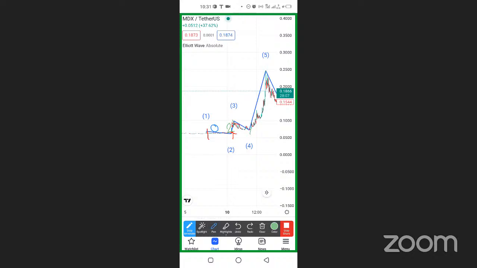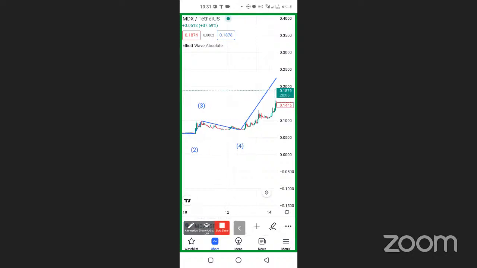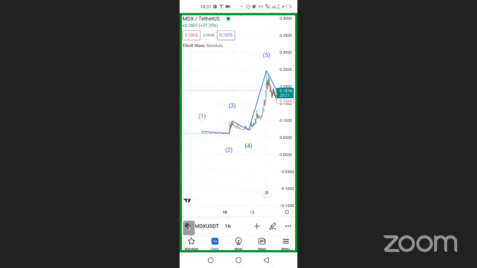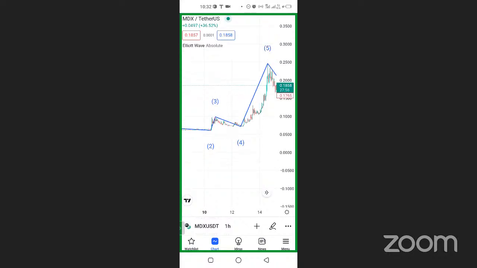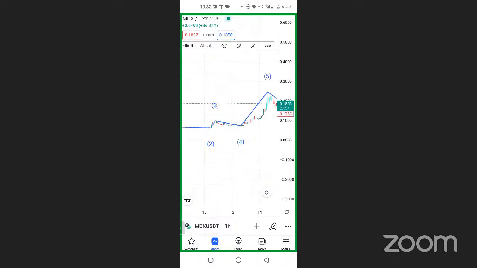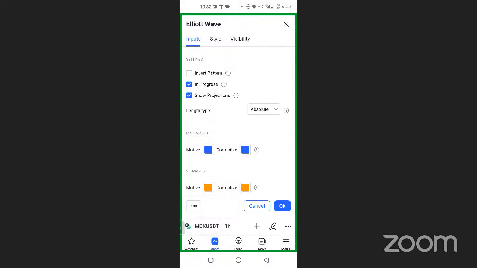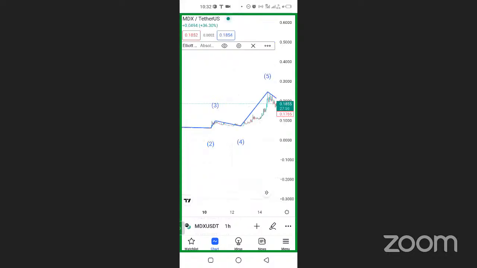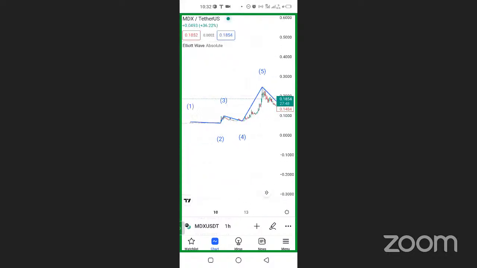No. What has happened? Have I changed my settings? Oh, no. I needed to widen it a little bit so that it becomes very clear. Hope I didn't change this. Not inverted. Okay, it's fine.